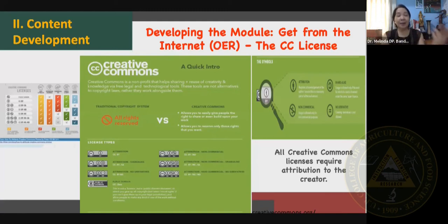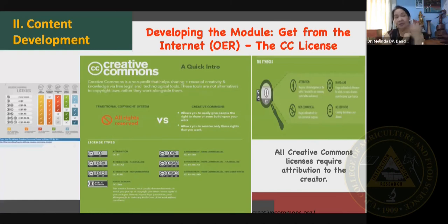So halimbawa, pag inisip na sino kaya ang eksperto sa animal nutrition, for instance, since you already have shared so many materials on animal nutrition, then ang mga tao, those who are in the same field, or those who will be searching for an expert for that particular area, lalabas yung pangalan mo. So you will be the recognized expert.